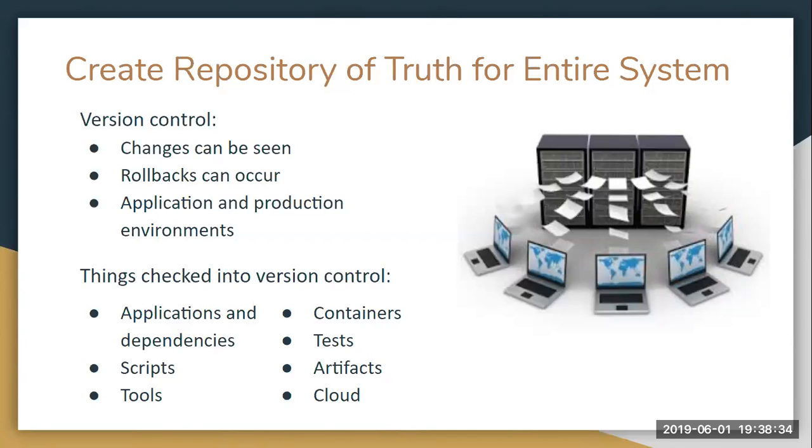Things that should be checked into version control include all dependencies in code applications, such as libraries or static content, scripts that support code packaging and deployment, as well as scripts for database schemas, application reference data, and any other script or configuration information needed for multi-service infrastructure, all tools used for making environments, the files used to make containers, all automated and manual test scripts, project artifacts such as documentation, requirements, and deployment procedures, and finally, all cloud configuration files.